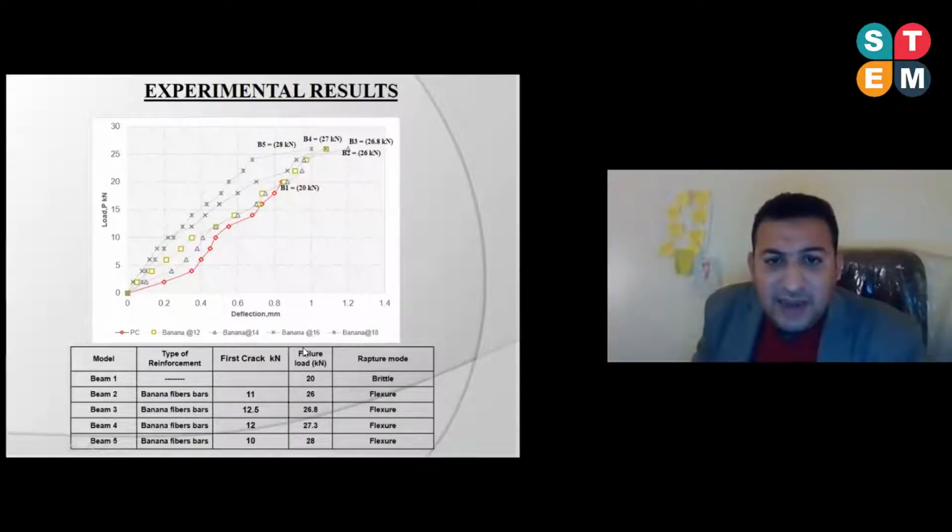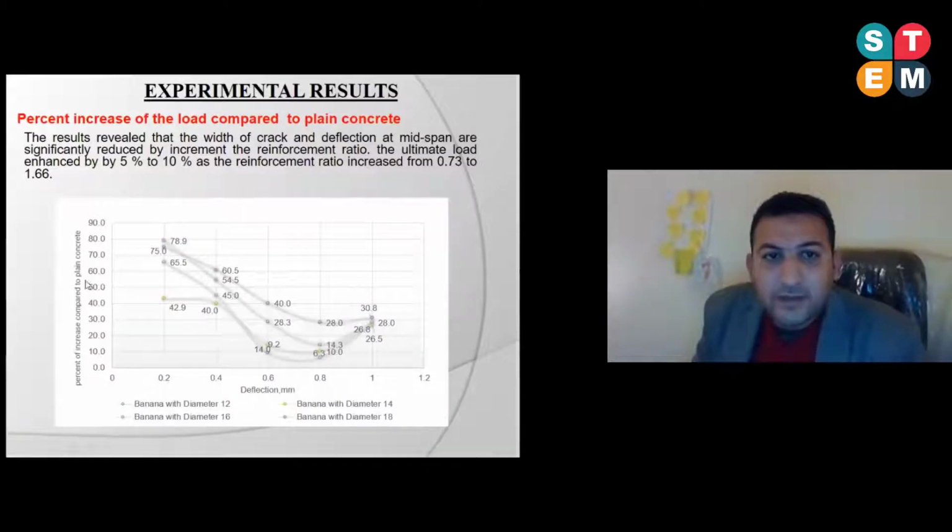The first crack, failure load, rupture for each beam. The result revealed that the width of the crack and deflection at the midspan are significantly reduced by increment of the reinforcement ratio. The ultimate load was enhanced by 5% to 10% as reinforcement increased from 0.73 to 1.66.